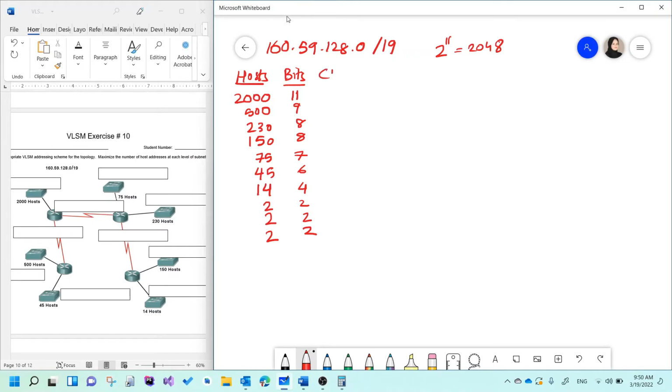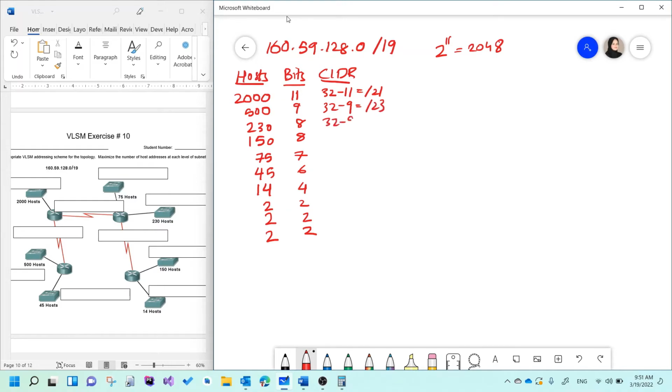Now, in order to figure out the CIDR, you need to subtract these bits from 32. So 32 minus 11, that would be 21. So that's slash 21. Then you have 32 minus 9, which is slash 23.